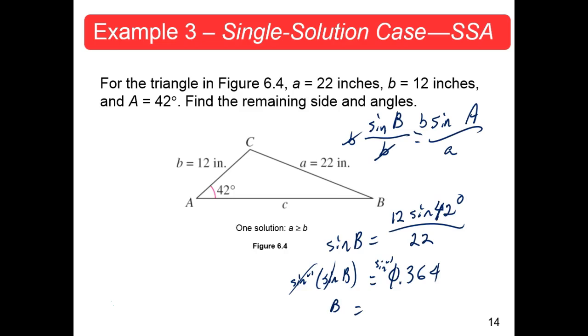Inverse sine of 0.364. Are you in degree mode or radian mode? And what do you get? I can't hear you. Okay, let me watch you do it.